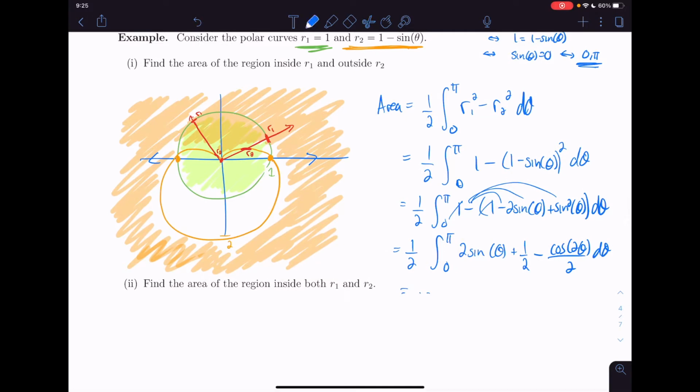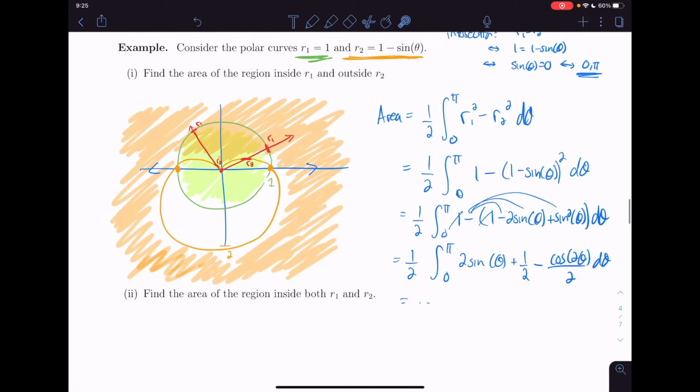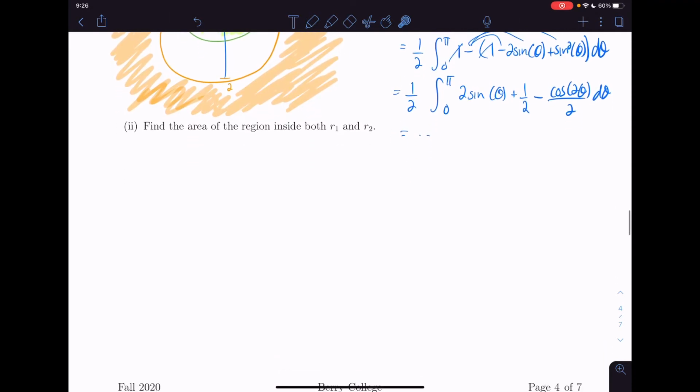Now, for the next problem, we want to encounter the exact same functions, R1 and R2, except now we want to shade a slightly different region. Here we want the region inside both R1 and R2 at the same time. So what I'm going to do here is draw the exact same situation.